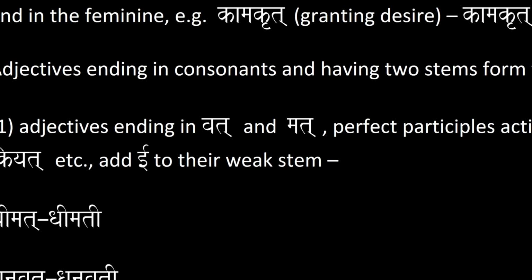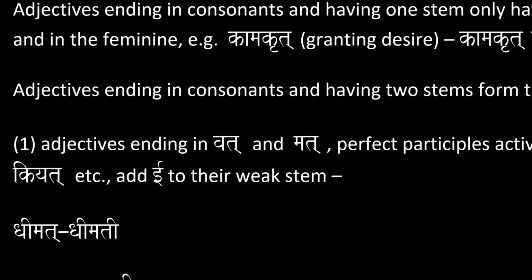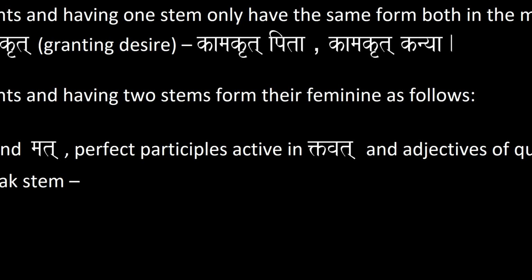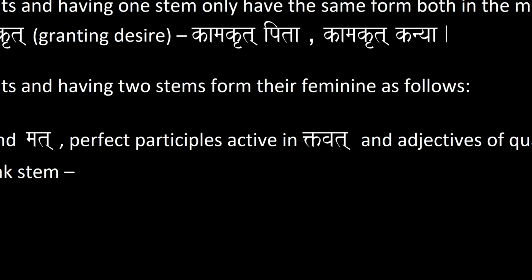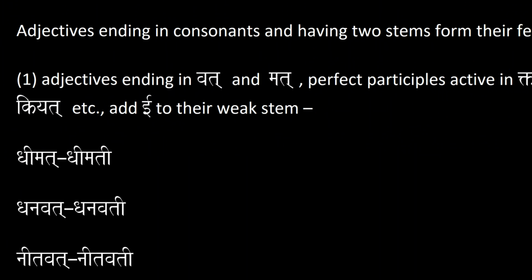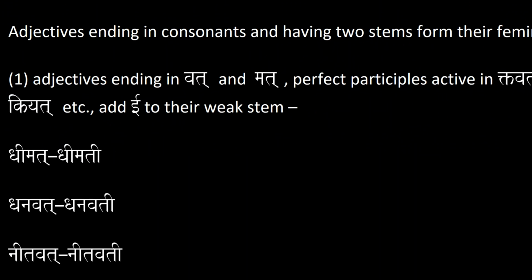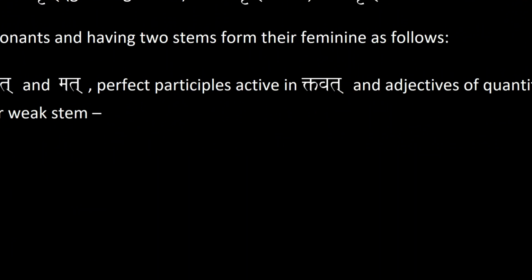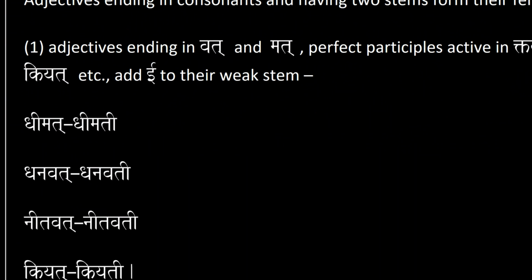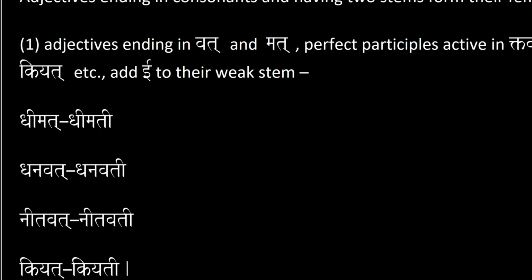But when we're talking about adjectives with multiple stems, then we're getting a little bit more technical. Adjectives ending in consonants and having two stems form their feminine as follows. Adjectives ending in vat and mat, which is perfect participle active, and adjectives of quantity like kiyat add a long e to their weak stem.